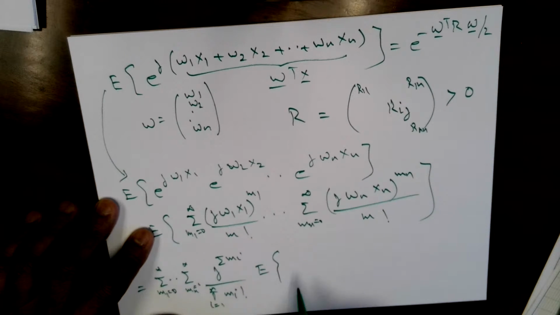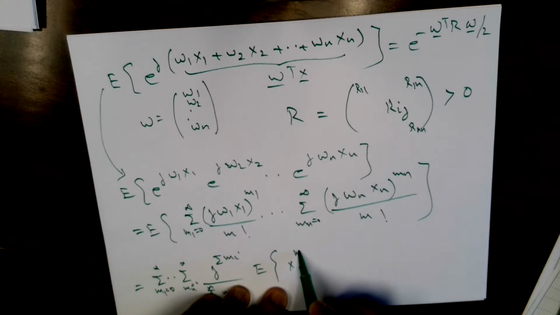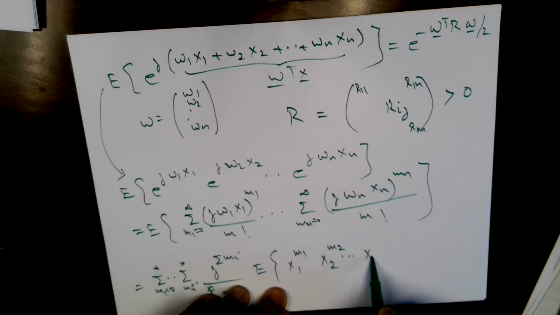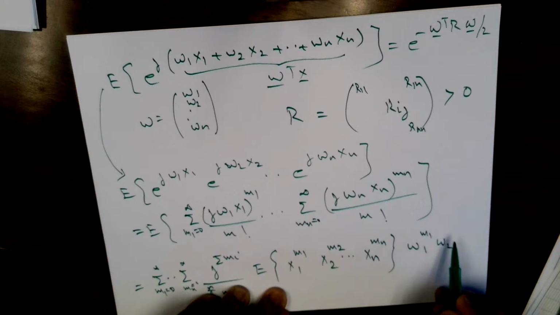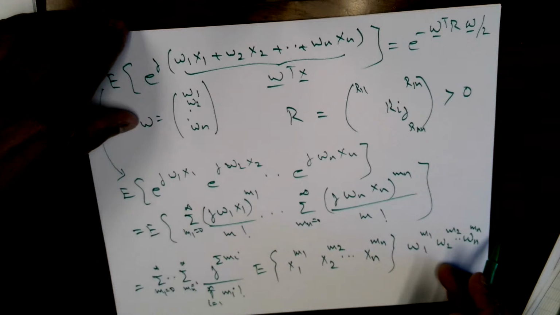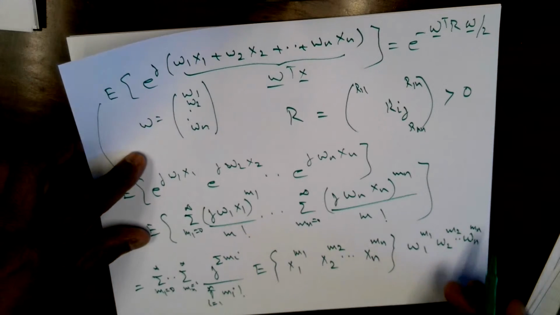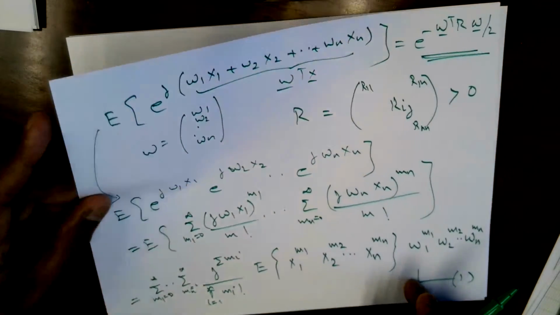And then the interesting terms, the expected value of x1 to the power m1, x2 to the power m2, etc., xn to the power mn, multiplied by omega 1 to the power m1, omega 2 to the power m2, etc., omega n to the power mn. So this is on the left side. Let me expand the right side expression and then equate the two terms.